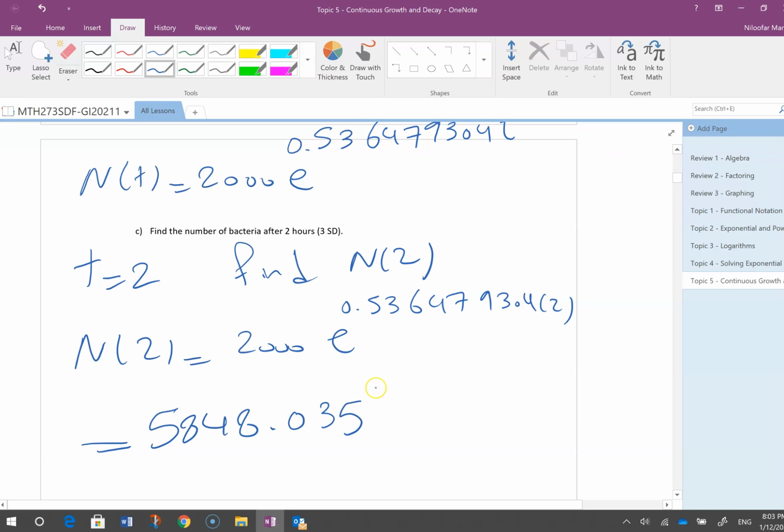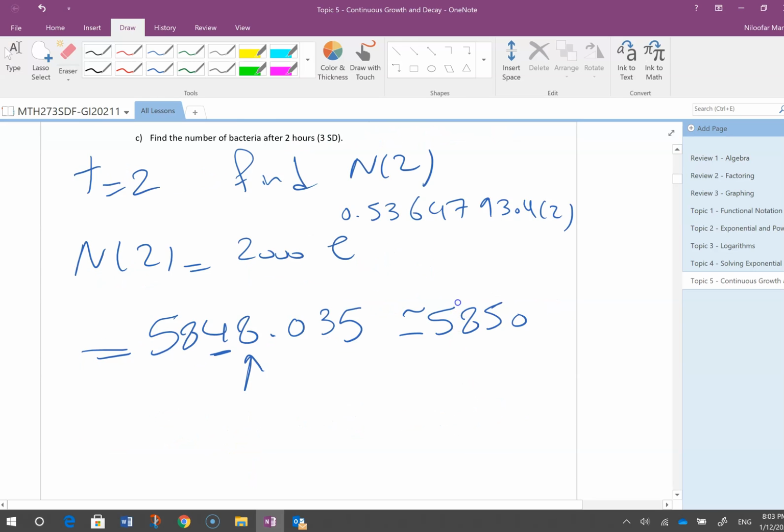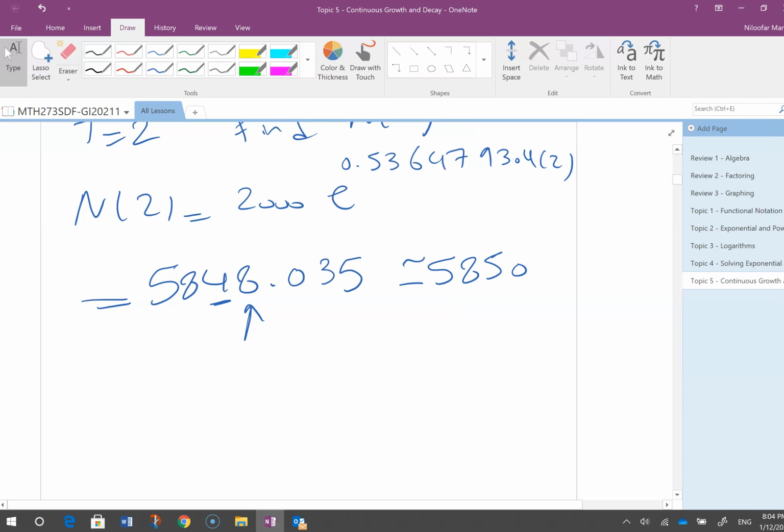It says 3 significant digits, so I underline that and check that it is almost 5850. Don't forget, you underline the 4, you check the next one, yes, you change it to 5. But sometimes I see students forget and write 585. They forget they need the 0. For digits before the decimal, when you drop them, you need to add 0.